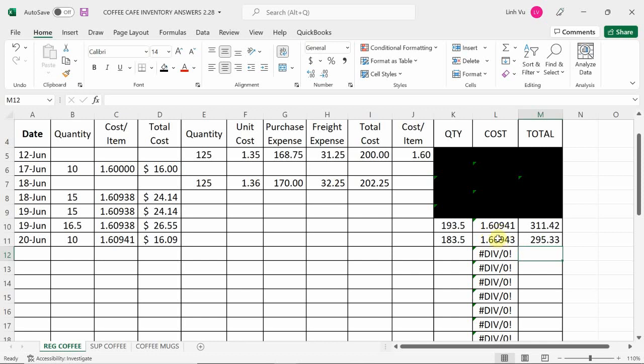I was right. Okay. So I can go ahead and clear this out because I no longer need to see that, because I have 183 and a half pounds left at 295.33. Okay, and I sold 16.09.